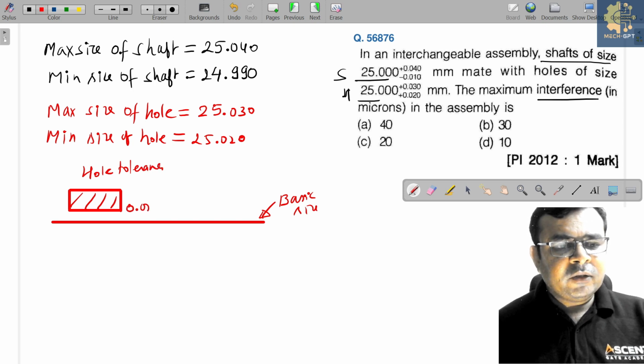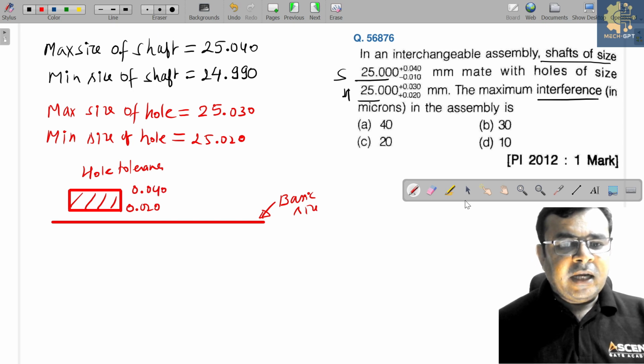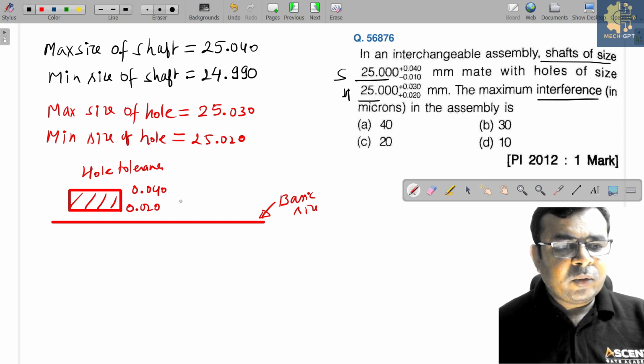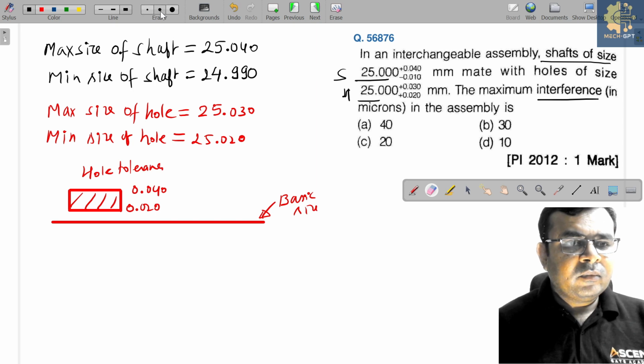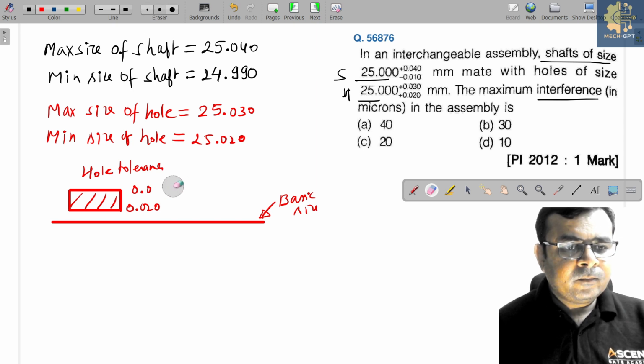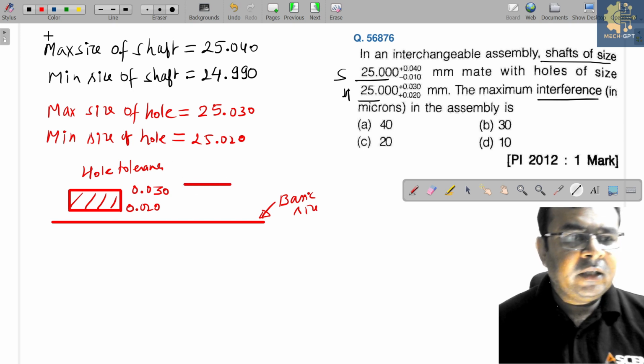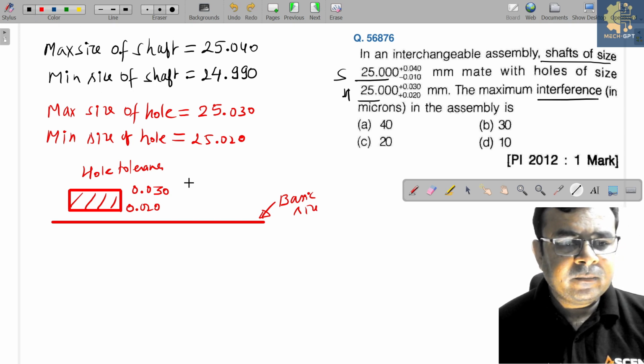Here we have 0.020 and here we have 0.030. Sorry, this is not 40, this is 30. Let me correct. And similarly, if I represent the shaft tolerance, then you can see here it is looking like this.